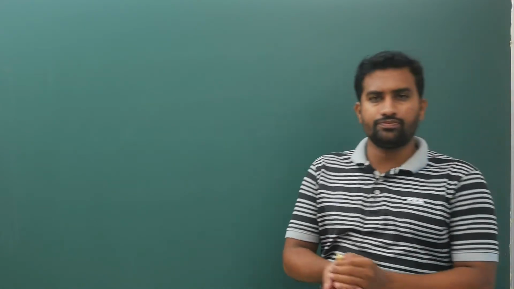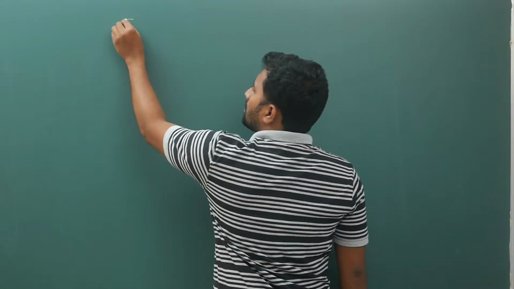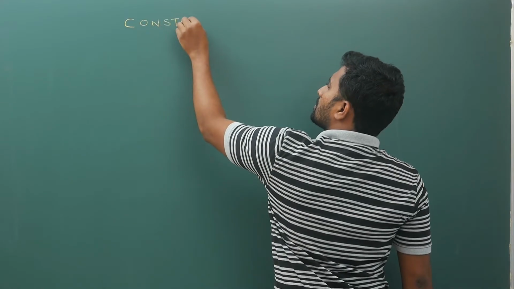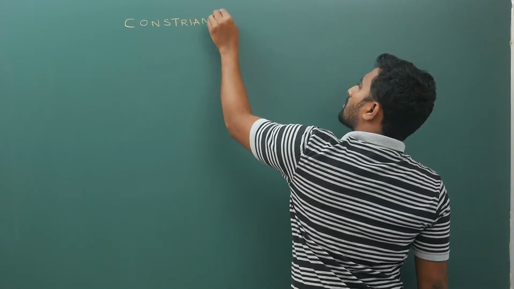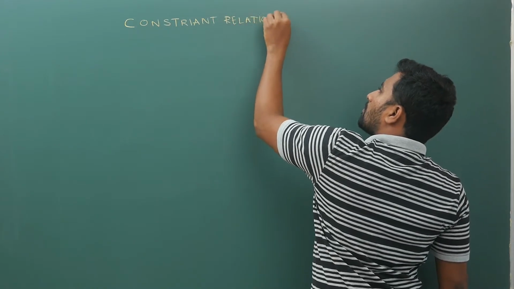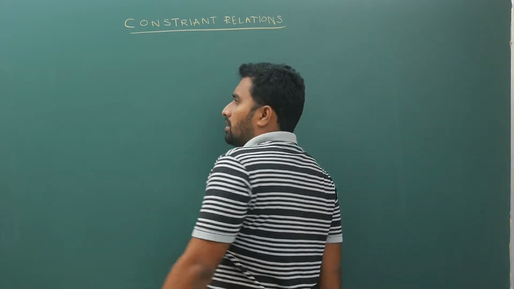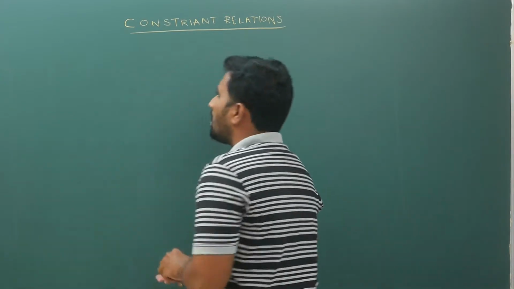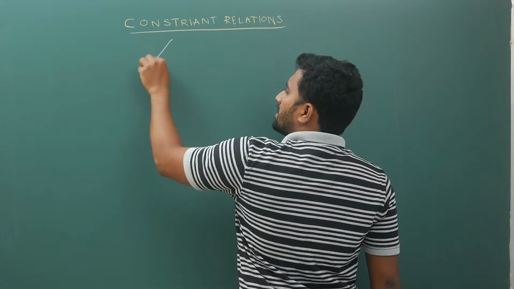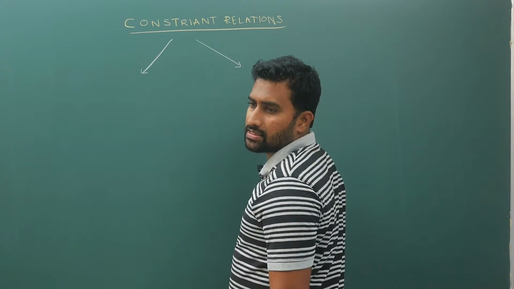So first I will keep the heading as constraint relations. Mainly, you have two types of constraint relations.